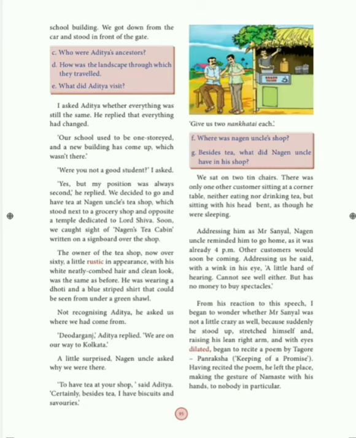He was wearing a dhoti, a blue striped shirt, and a green shawl. That is the appearance of our Nagan uncle.